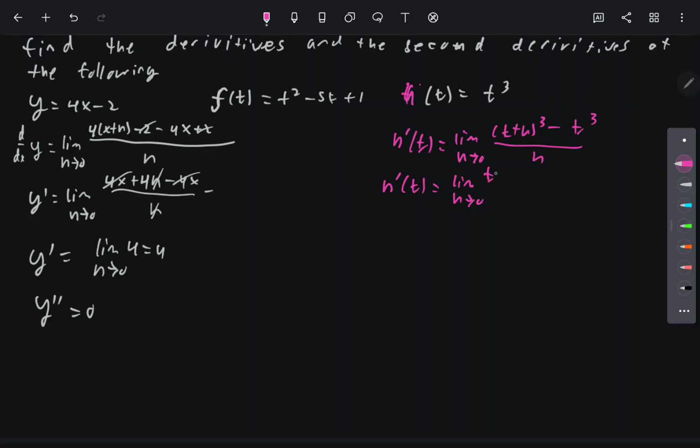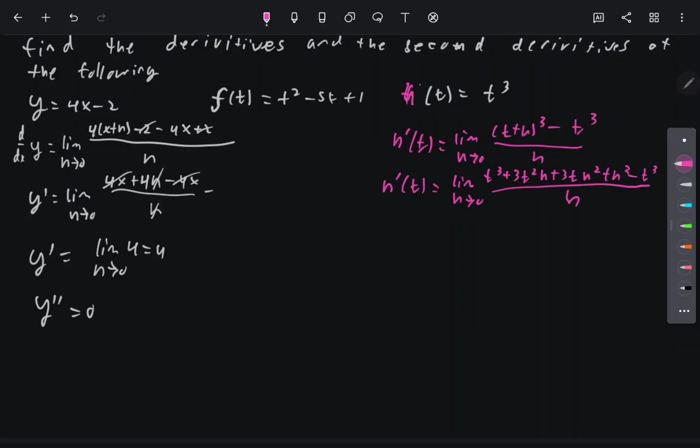So, we are going to have, and this is a small bit of a doozy, t cubed plus 3t squared h plus 3t h squared plus h cubed minus t cubed all over h.